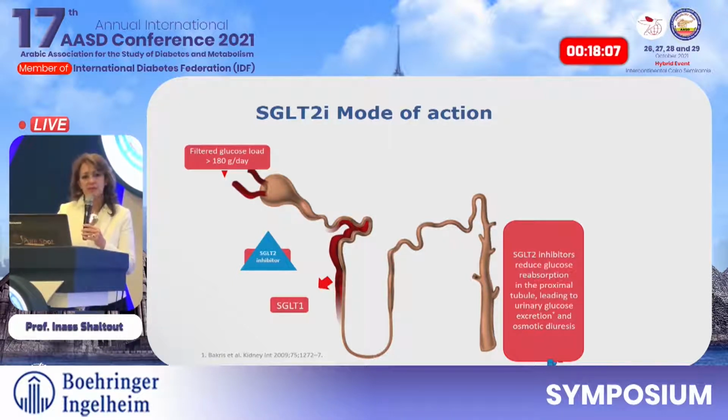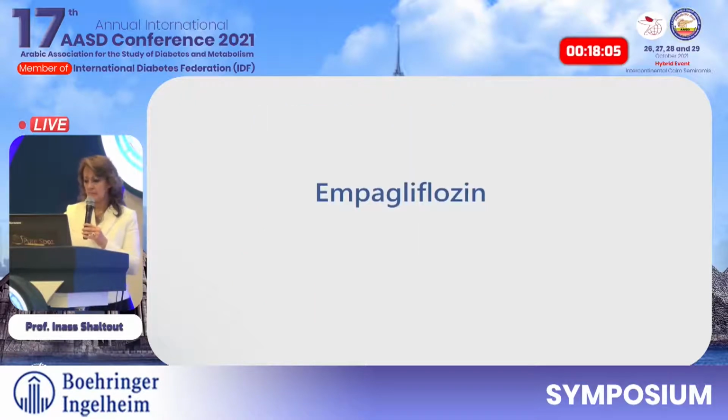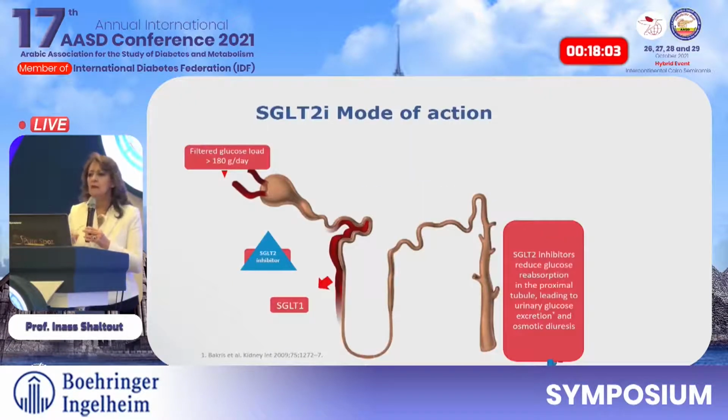If we inhibit this reabsorption, most of the glucose will pass into the urine, leading to osmotic diuresis and lowering of the blood glucose.